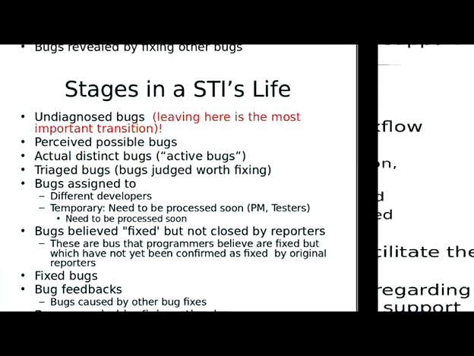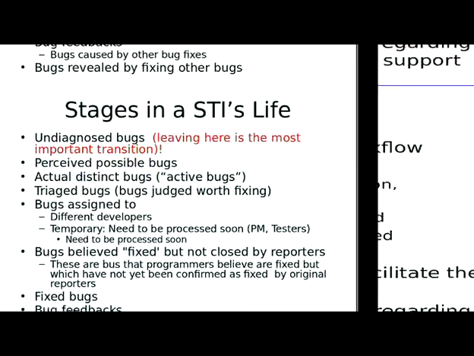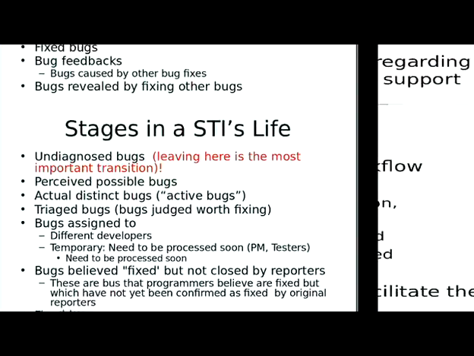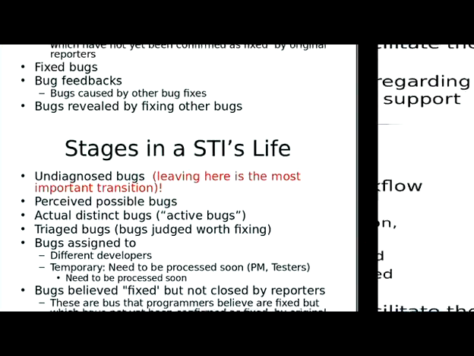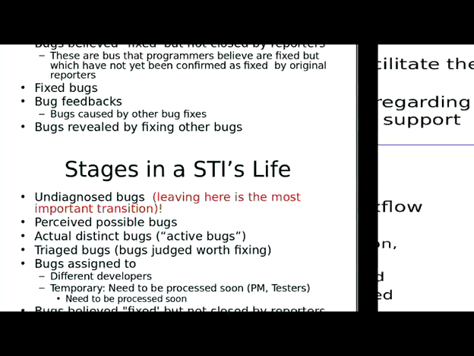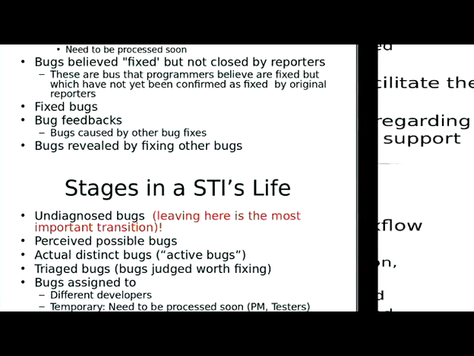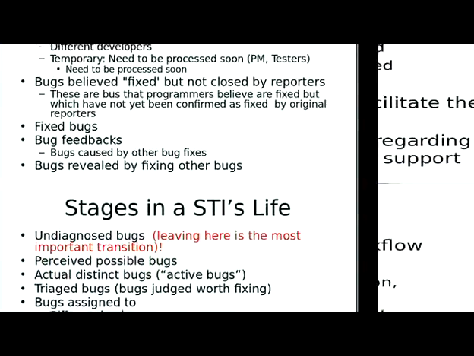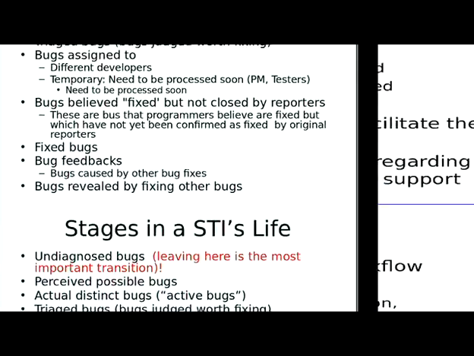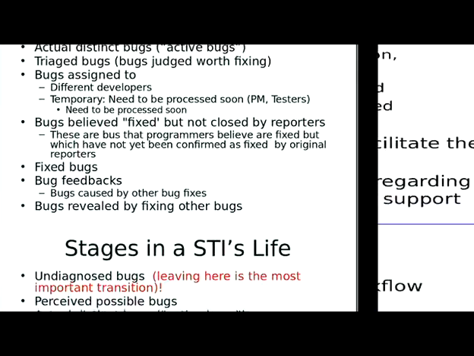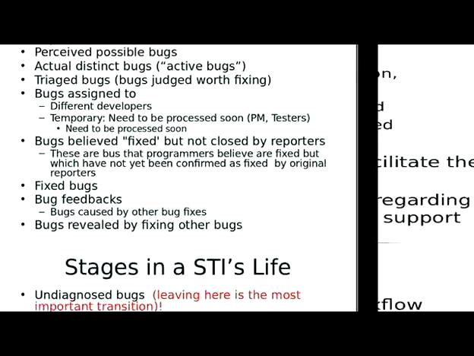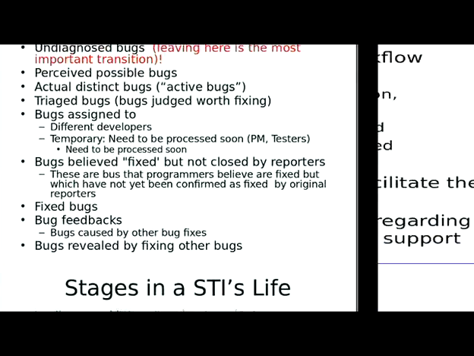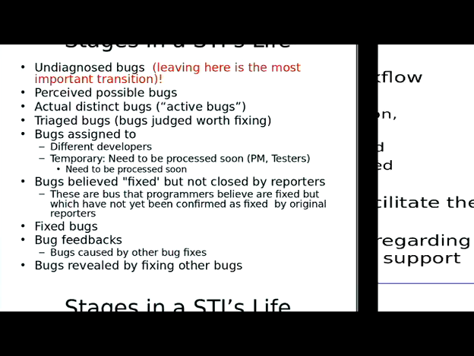So this stock of undiagnosed bugs is of great importance both because we don't know much about it, we can't directly act on it immediately, there's often delays involved in diagnosing these, and because it's easy for us to fool ourselves about it. It's easy enough for us to put on rose-colored glasses and think that that's very small.